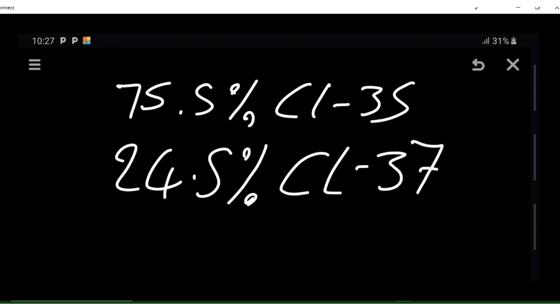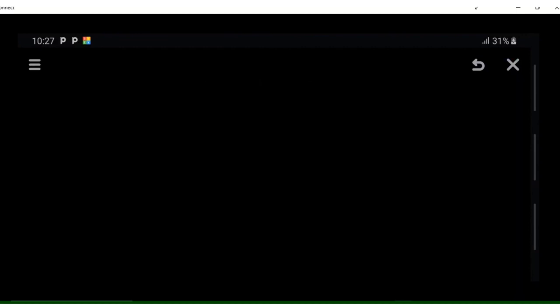So we have these two isotopes of chlorine, and we use the same formula. I'll just plug in.